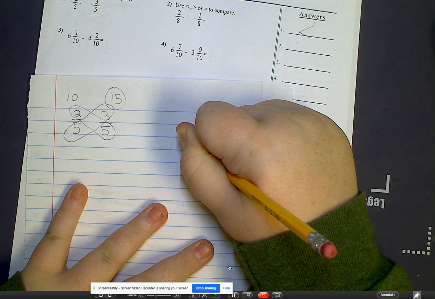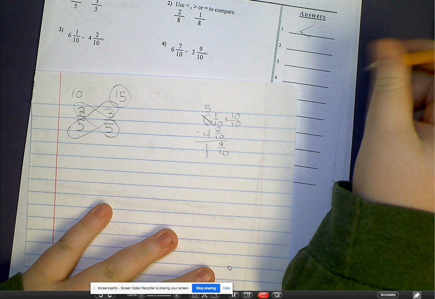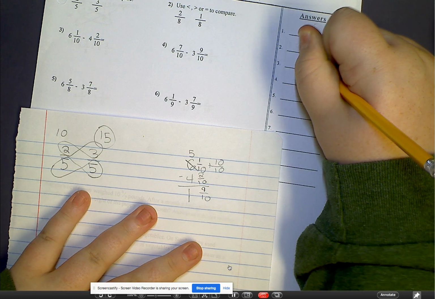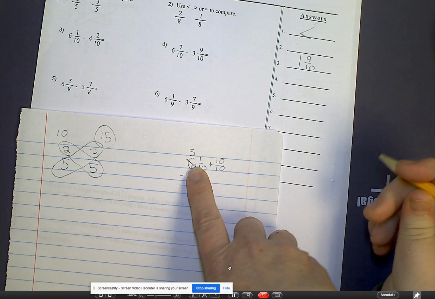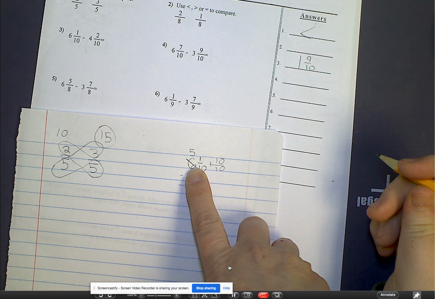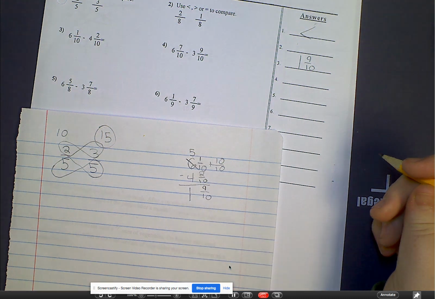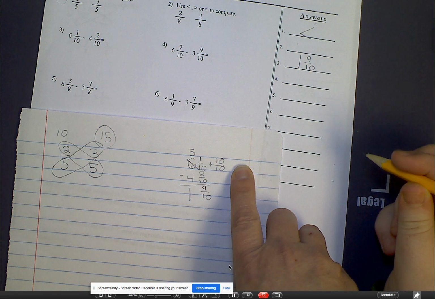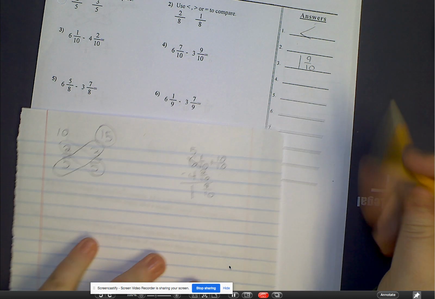And 5 minus 4 is 1, so the answer is 1 and 9/10. That is absolutely correct. And I like how you did that just perfectly, how you didn't actually take from here, right? You just changed it and put it over here as a fraction. So you had 11, 11 minus 2 is 9. That's right. Good.